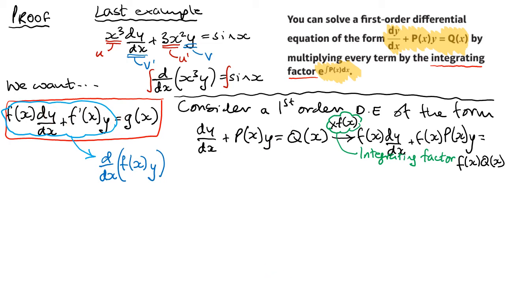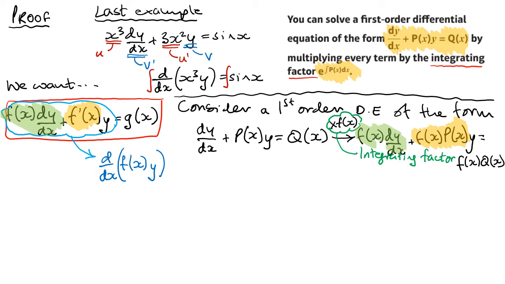So if I compare what I want with what I've got, here, that's fine, that's the same as this. But the next part, this f dash of x, needs to equal this for this to work. Now the other side's not a problem because that's just a function of x and this is just a function of x here. This is the bit I want to try and work out.